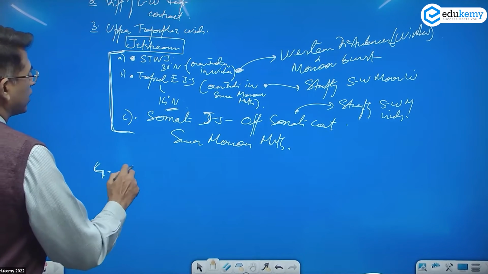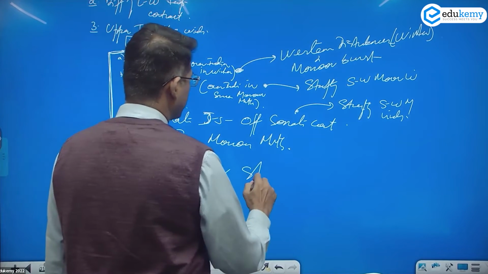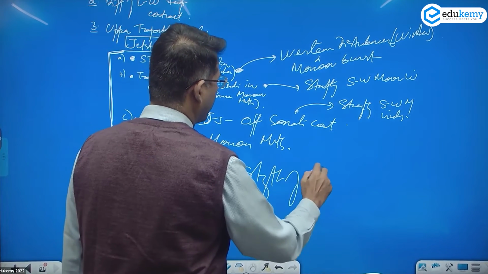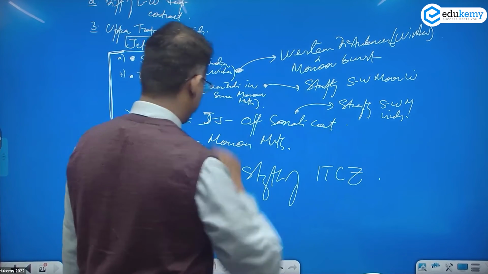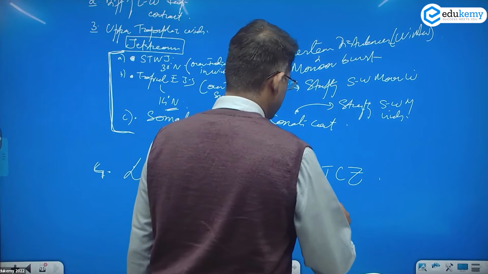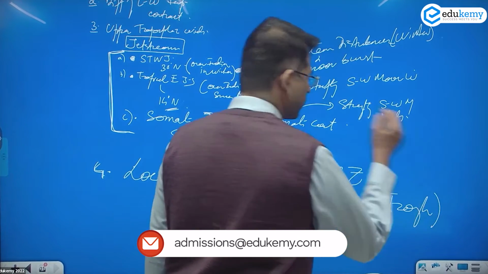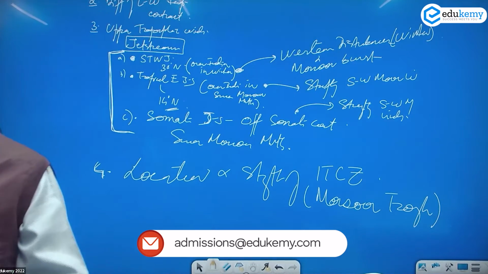The fourth influence is the location and the strength of the ITCZ. The ITCZ is also called the monsoon trough. Monsoon trough means a low pressure belt.